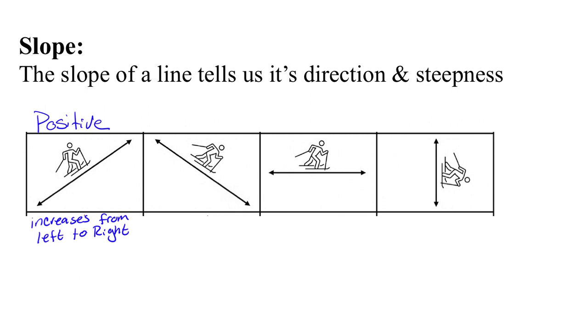That is a negative slope, and that line decreases from left to right.